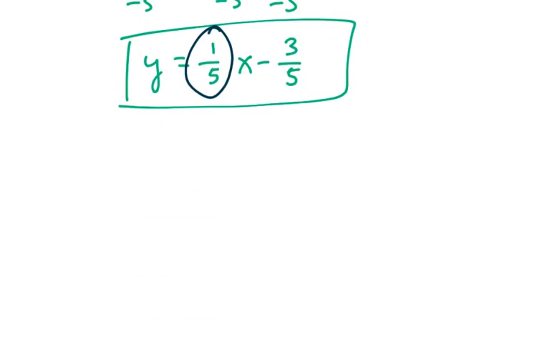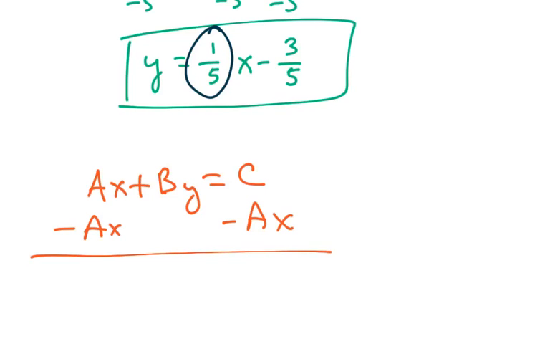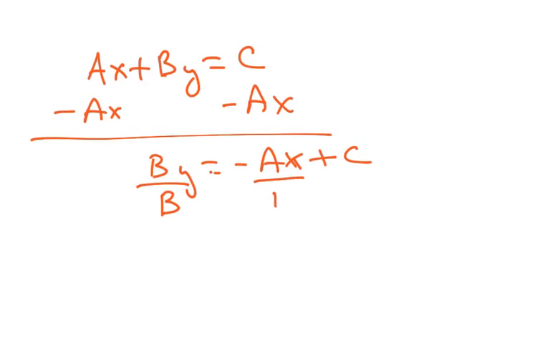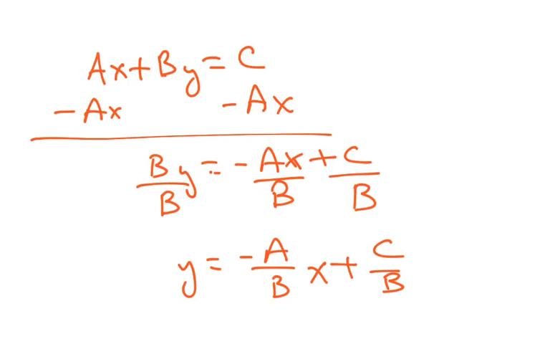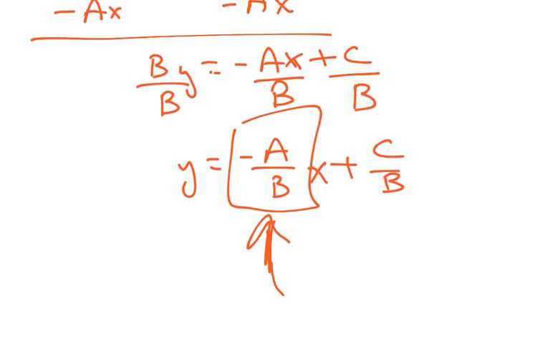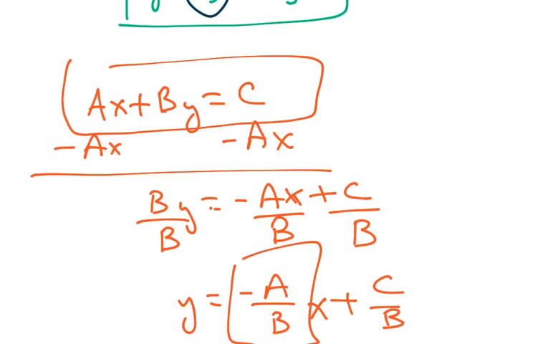The other way of doing this is to remember the format ax plus by equals c, and recall that if I subtract ax from both sides, by equals negative ax plus c, and if I divide through by b, then y is equal to negative a over b x plus c over b, which means that my slope is always negative a over b when it's in a format of ax plus by equals c.